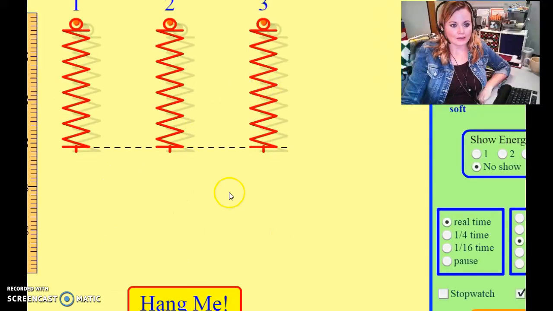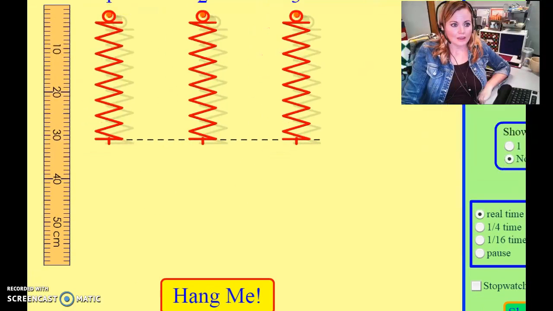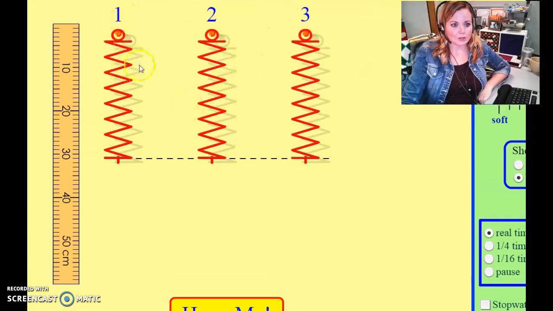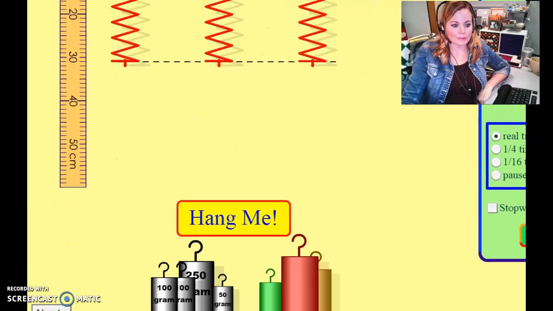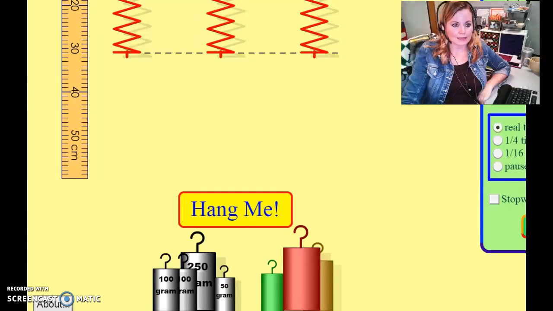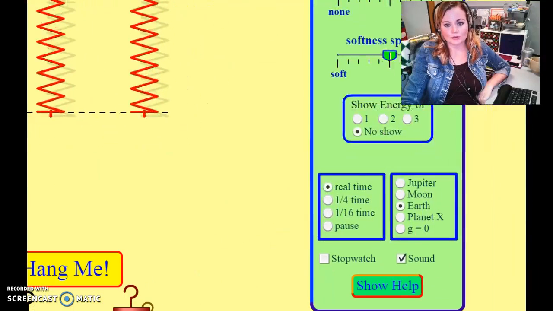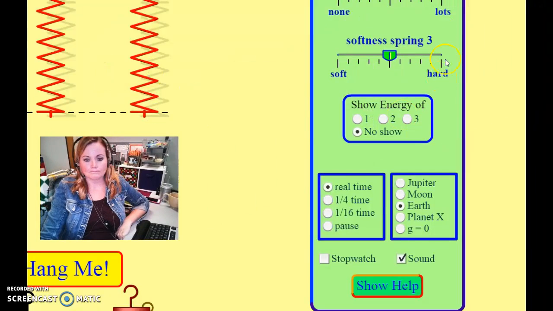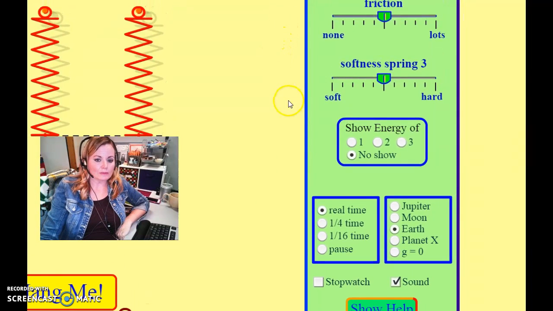Now you'll be given a screen showing 3 springs, a ruler, and at the bottom a bunch of masses. And over to the left you have all of the different things that you can set. You're going to be setting this as basically right now we're on the Earth.